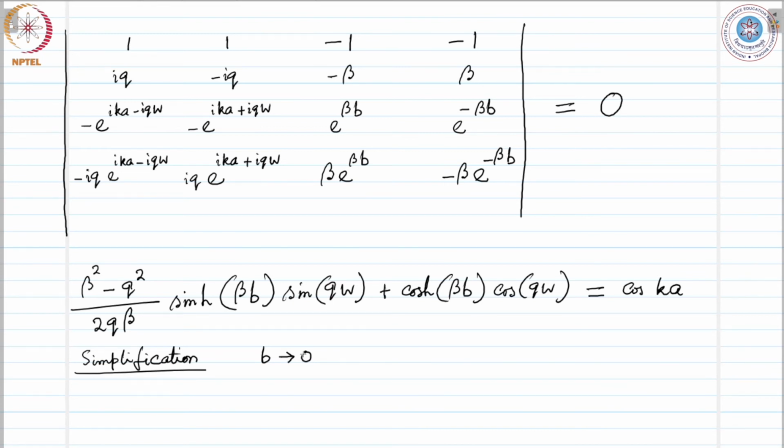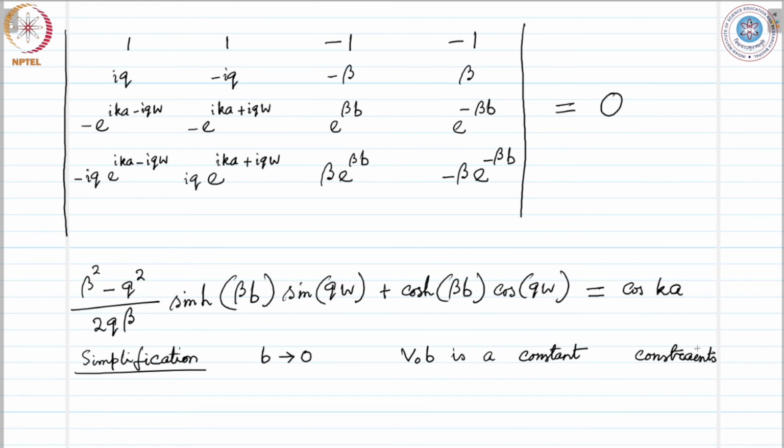And we have a periodic sequence of Dirac delta-like potential barriers where b tends to 0, but V naught b is a constant. That means integration over the Dirac delta will give us V naught b. So these are the constraints that we apply on the pattern of the potential barrier.